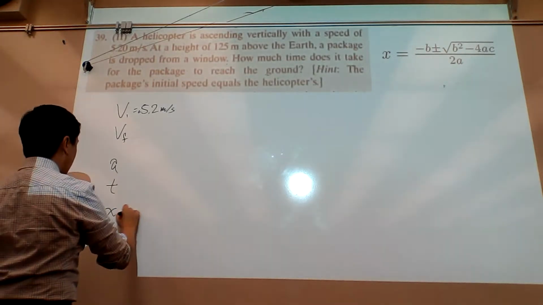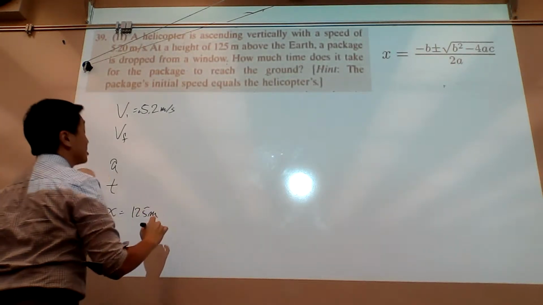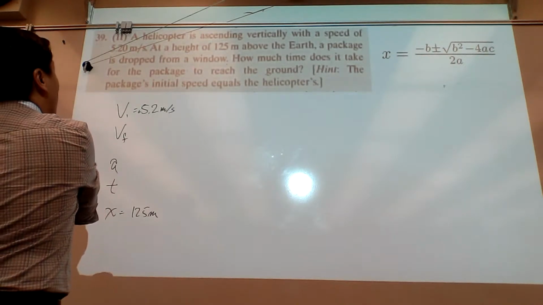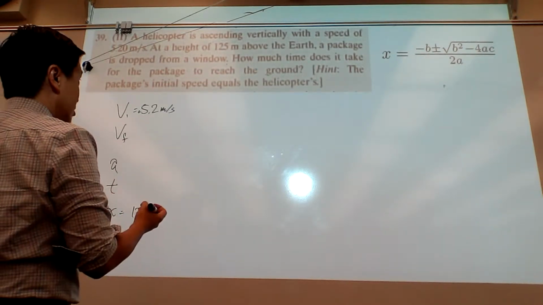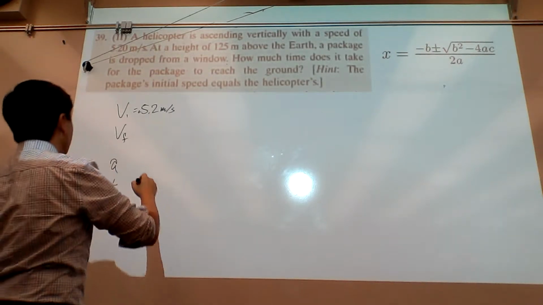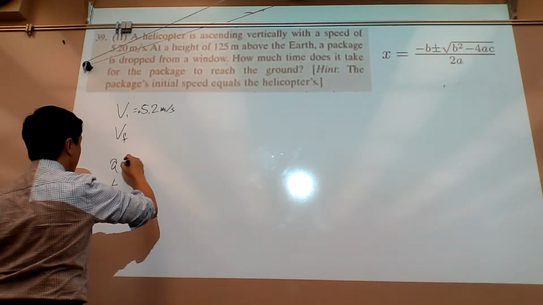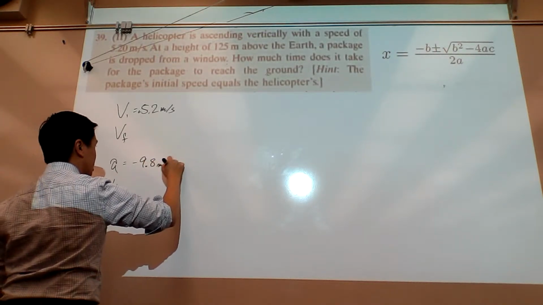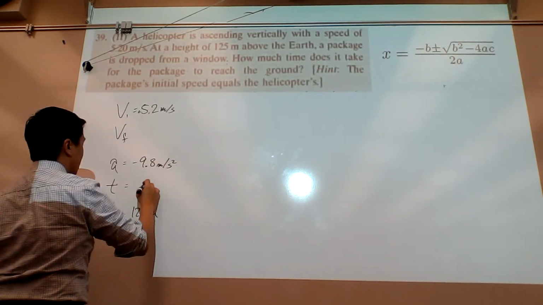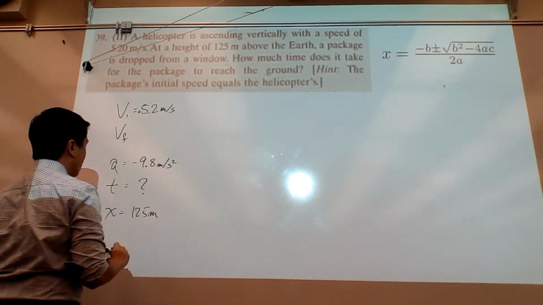That's definitely going to be an X, 125 meters. A package is dropped from the window. How much time does it take for the package to reach the ground? We don't know the V final. It's going to be fast. Acceleration is negative 9.8 meters per second squared. And time is our big question mark.